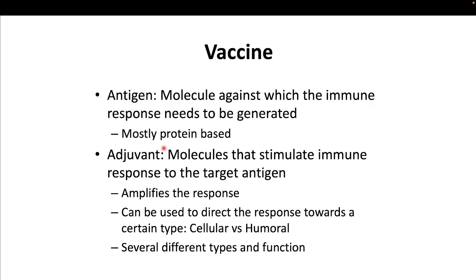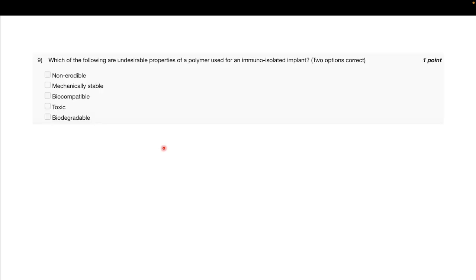Okay. So the next question is, which of the following are undesirable properties of a polymer used for immune isolated implant? Again, two correct options. We have been talking about this a lot, so this could be easier to approach. Anybody knows the answer?